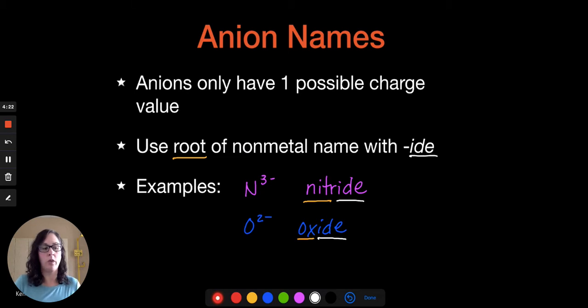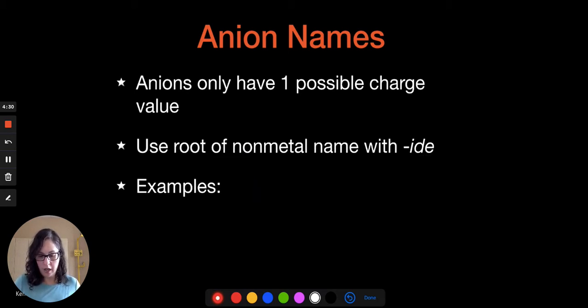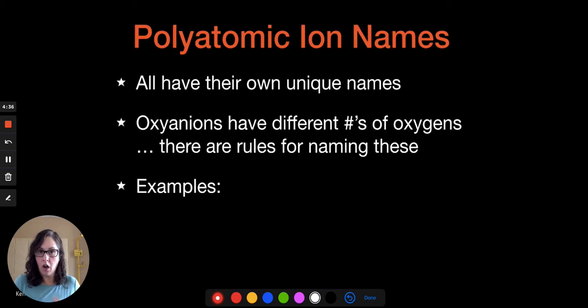Luckily for us, in getting used to those root names, you can also refer back to your periodic table of ions. Polyatomic ion names are on that as well.